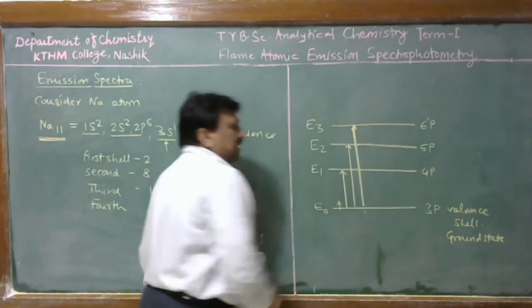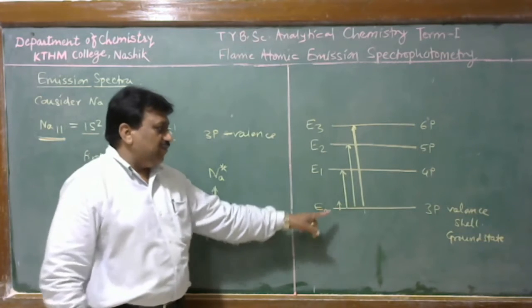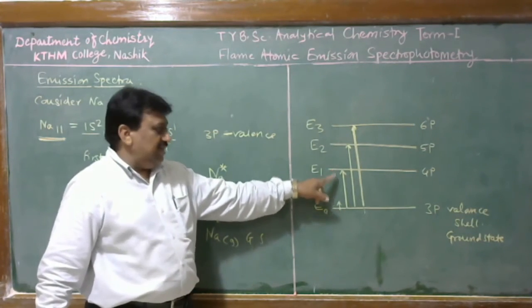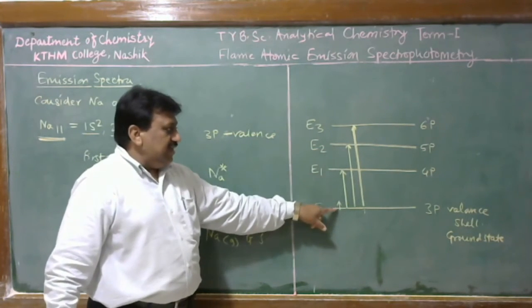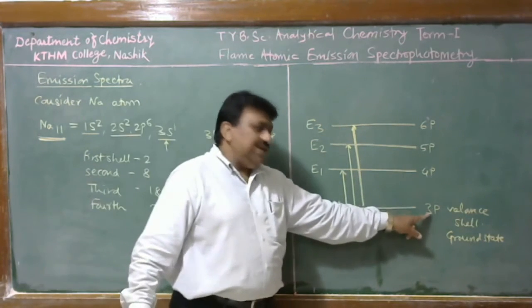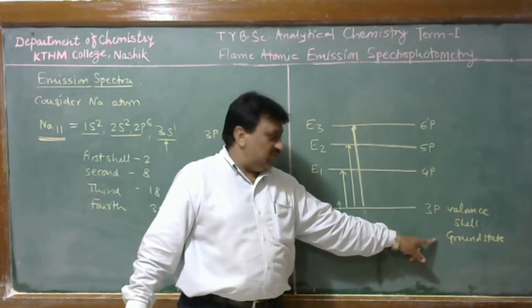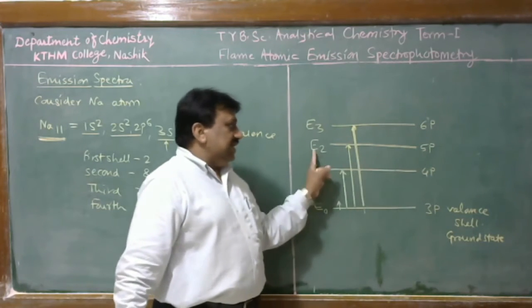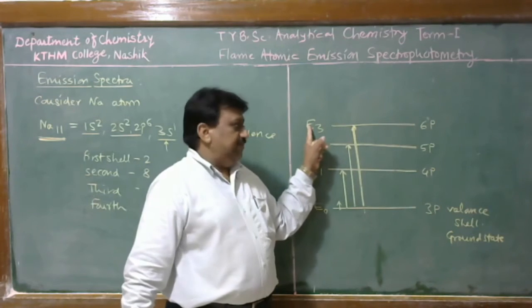Here the single electron of a single sodium is excited from the ground state level to the first excited state level, the ground state level to the second excited state level, the ground state level to the third excited state level. Here 3s is the ground state or valence shell or ground state level of the gaseous sodium atom, 3p is the first excited state, 4p is the second excited state, and 5p is the third excited state of the sodium.